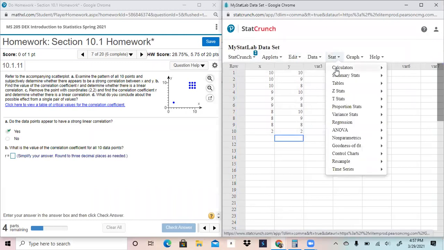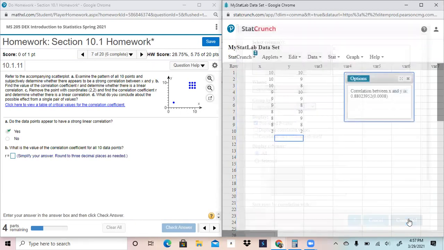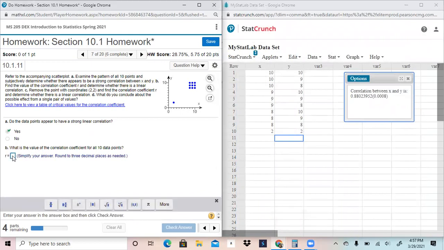So we'll go Stat, Summary Stats, Correlation. Highlight the values. We want a two-sided p-value, two-tailed. Compute. So our correlation coefficient is a pretty strong looking 0.880.